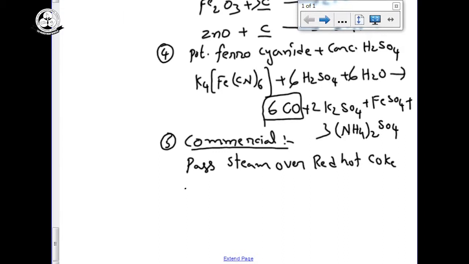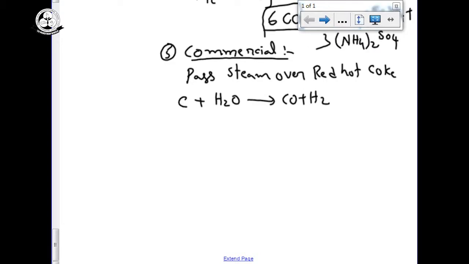I take coke and heat it at high temperature until it becomes red, and I pass steam; it becomes CO plus H2, carbon monoxide plus hydrogen gas.